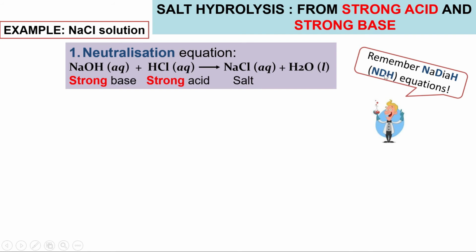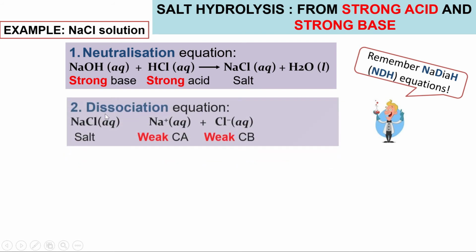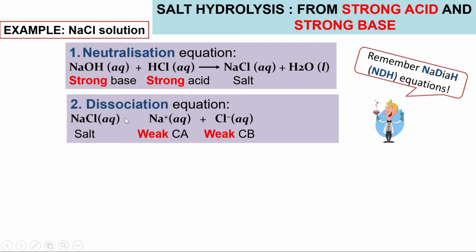Next, second step, write down the correct dissociation equation. NaCl aqueous dissociates completely into Na+ aqueous and Cl- aqueous. Since Na+, the cation, comes from a strong base, Na+ is a weak conjugate acid. Meanwhile, Cl- comes from a strong acid, so this is a weak conjugate base.